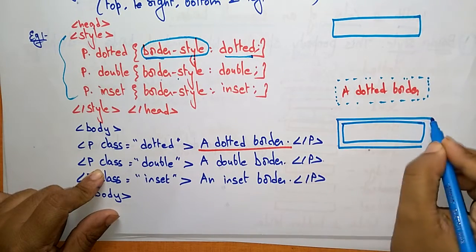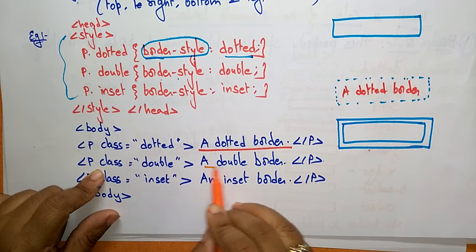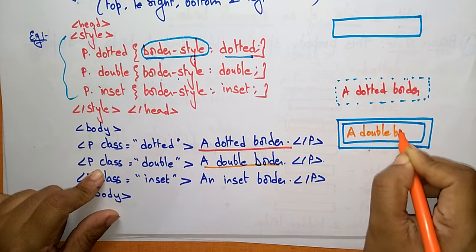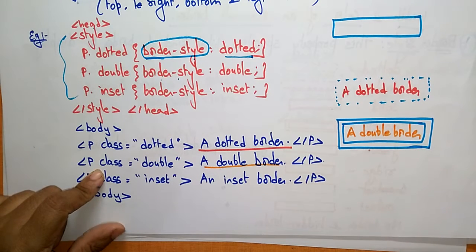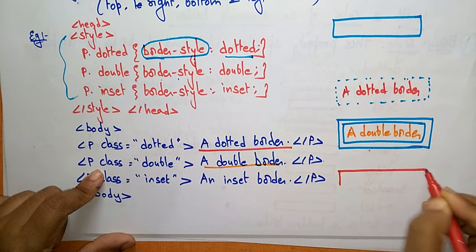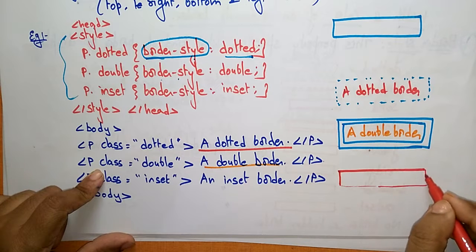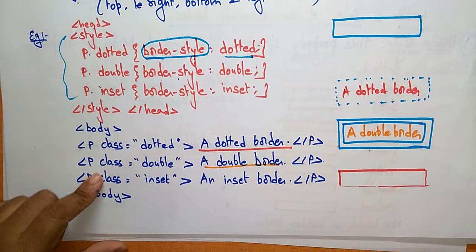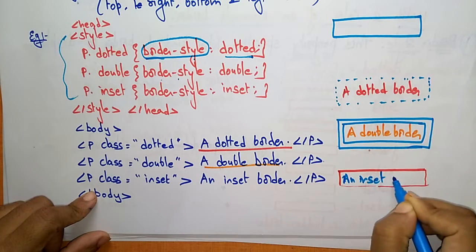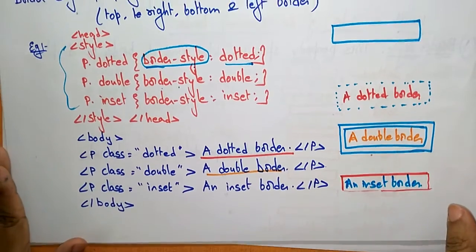It's a double border. So the text that is going to be displayed inside is in a double border. Next is inset. Inset means only the upper side should be dark and the lower side should be light. So inside that, a paragraph with an inset border. So these are the different border styles.